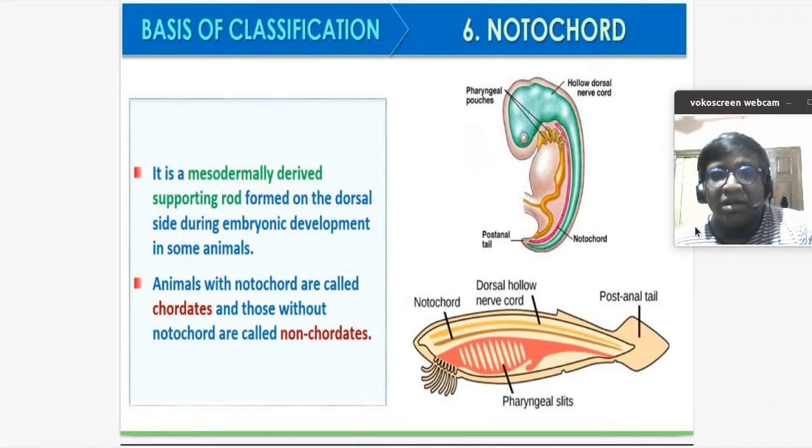They have a notochord, they have pharyngeal gill slits, which you can notice in the embryonic stage, a hollow dorsal nerve cord, and this pink colored one is the notochord, a rod-like mesodermally derived structure found in between the dorsal nerve cord and the alimentary canal. And a post-anal tail is also present in chordates. All these four characteristic features of chordates are given in this embryo stage.